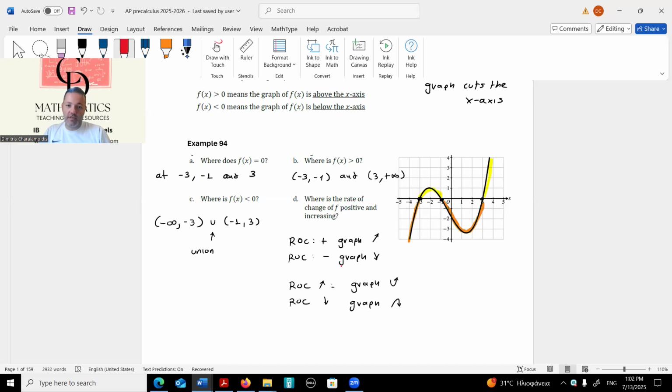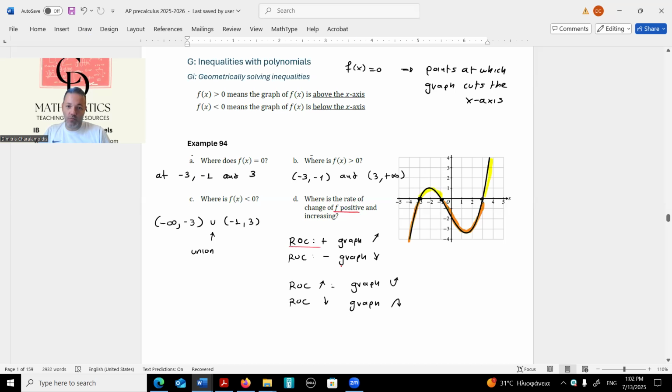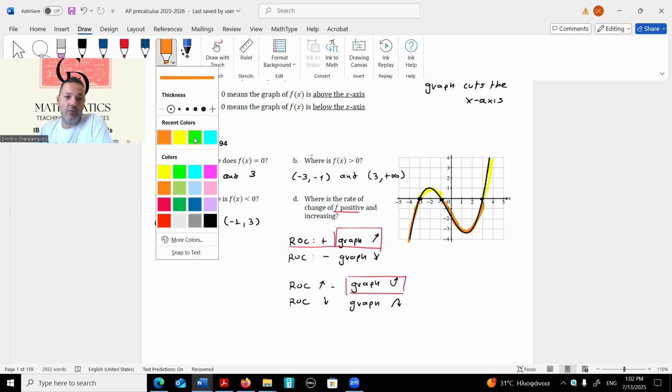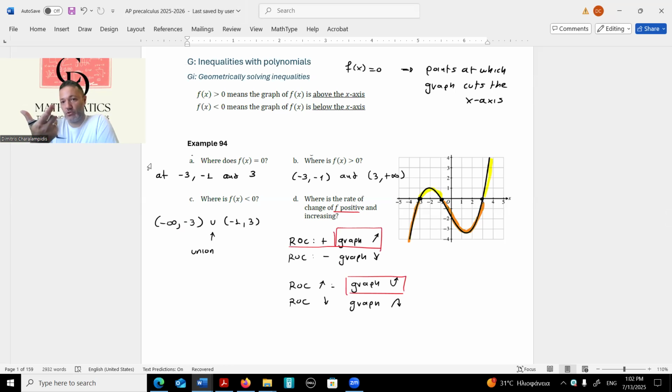What do we want now? The rate of change positive, so we want that graph to be increasing, and increasing. So basically, we need to scan the graph and find out when that graph is increasing and at the same time concave up. Remember that concave up means when it looks like a cup.